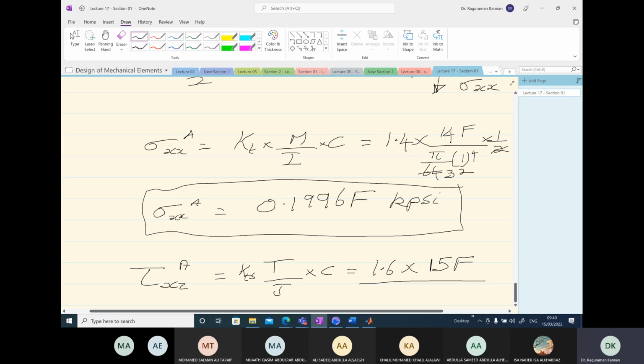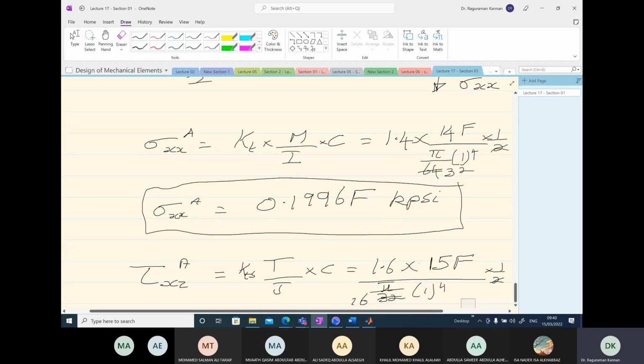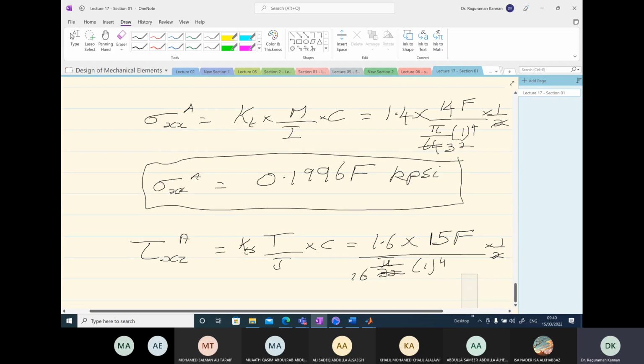Then we have the J value, which is pi over 32 times d to the power 4. Cancel 32 and it becomes 16. Again, we will calculate in kpsi by dividing by 1000.